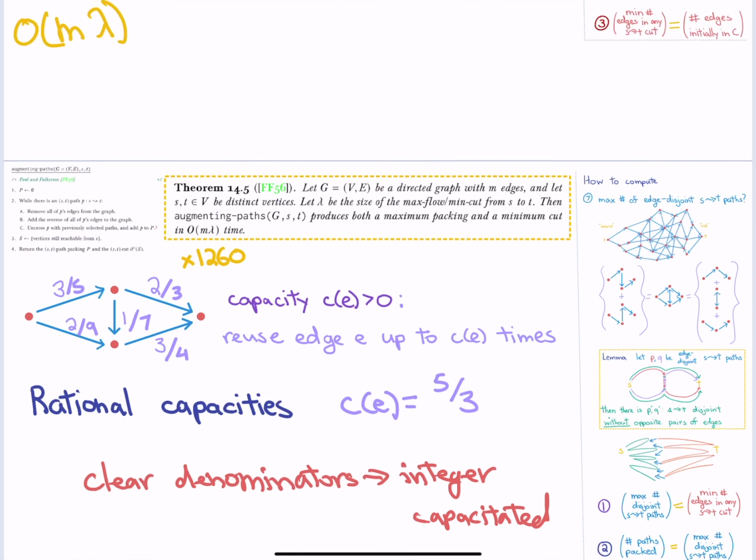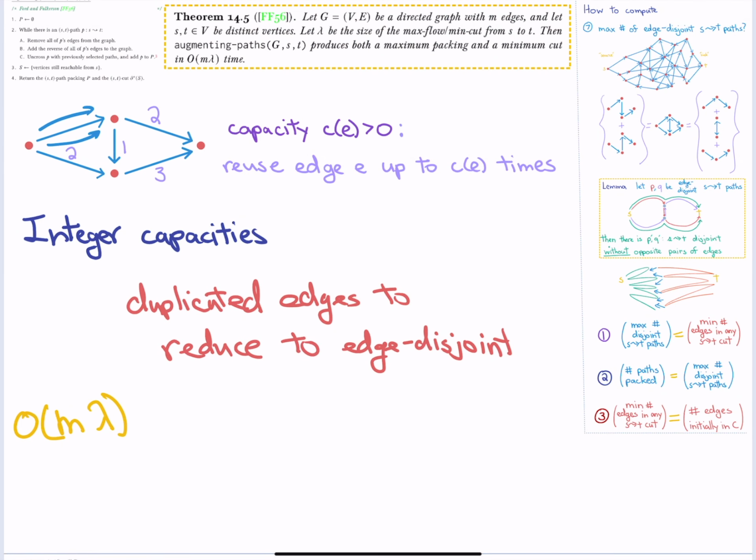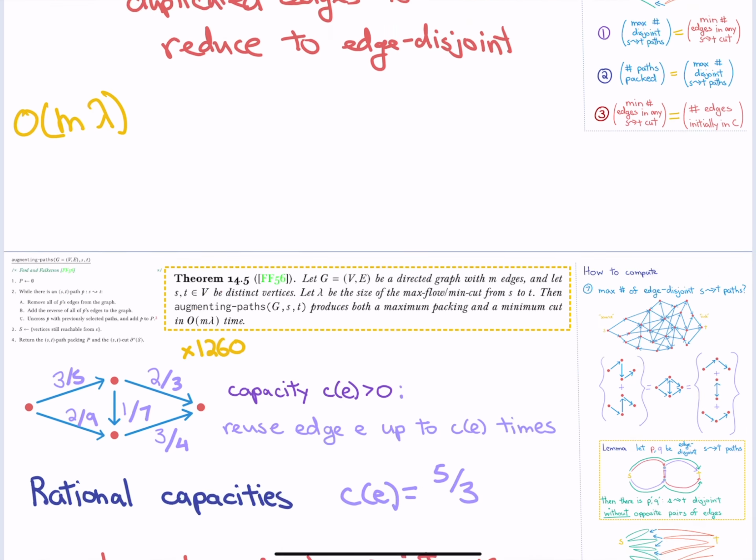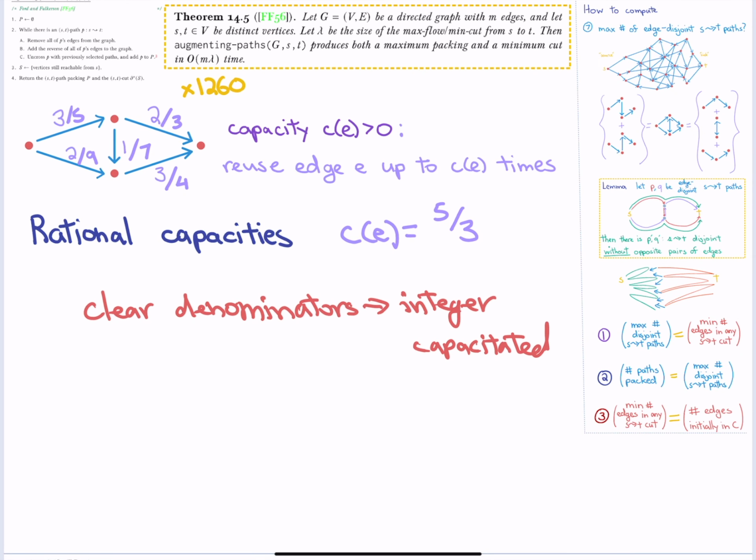And this includes the fact that you're allowed to take fractional values of paths. It just turns out it doesn't help you. And so here too, you can do real valued quantities. I want to show max is equal to min for rational values. So we clear denominators, get it to be integers, then max is equal to min, and then I divide it back down and I get max is equal to min for the original capacities.